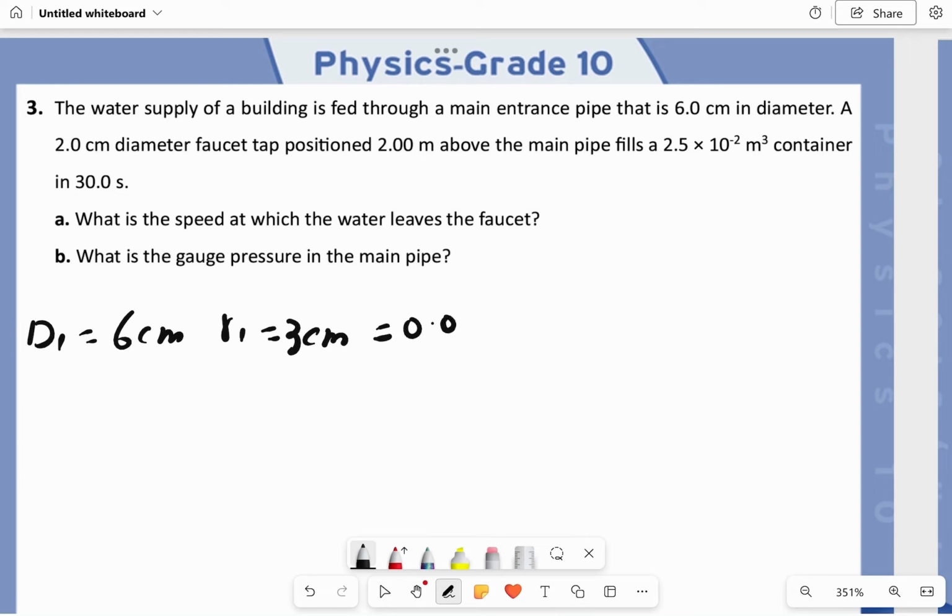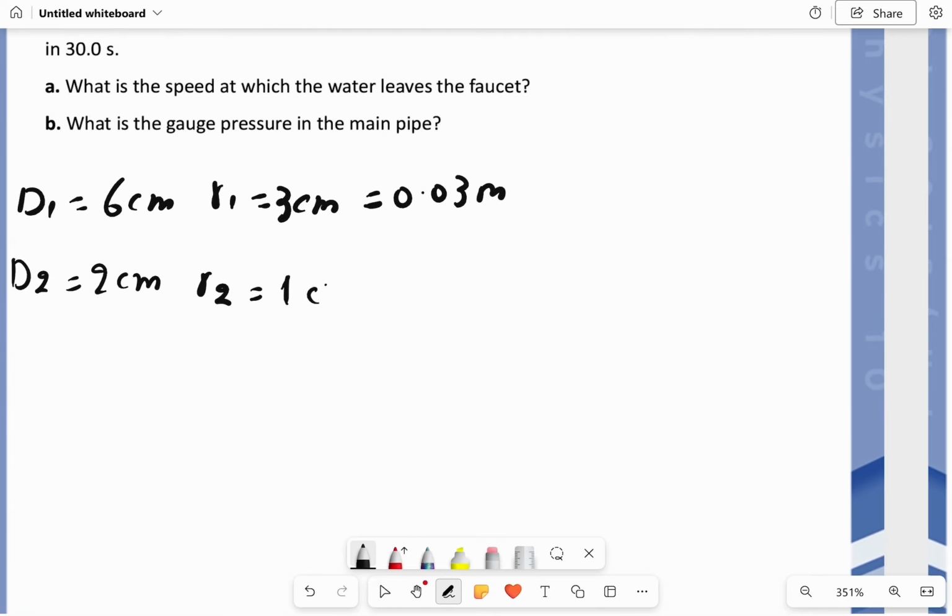You get 0.03 meter. Okay, a 2 centimeter diameter faucet tap positioned 2 meters above the main pipe fills a 2.5 times 10 to the power of minus 2 meter cubed container in 30 seconds. Now, diameter 2 is equal to 2 centimeters. Then divide this by 2, you get the second radius, which is equal to 1 centimeter.